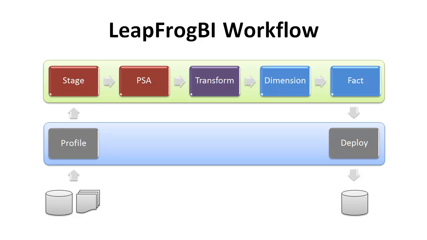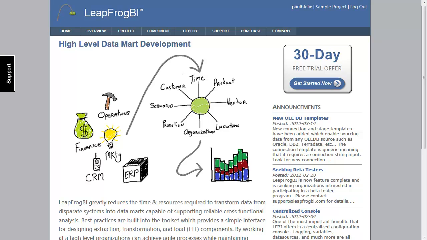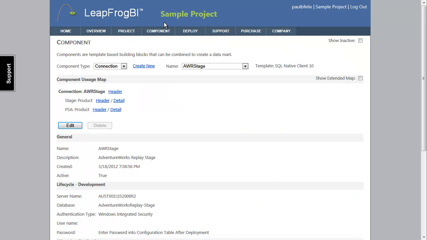Let's jump right over to our sample project and build one. So I'm already logged in here, and if I go straight over to my component area, I can see that I am in fact in my sample project. And once again, real quickly, in this project we've already created a couple of connections.